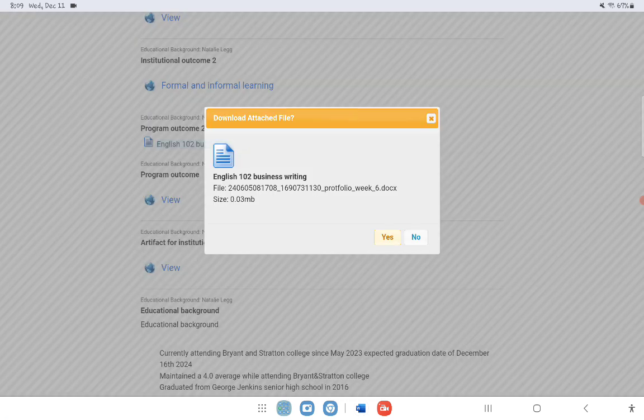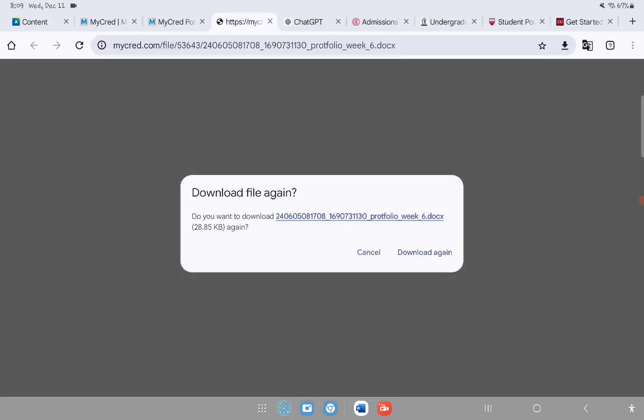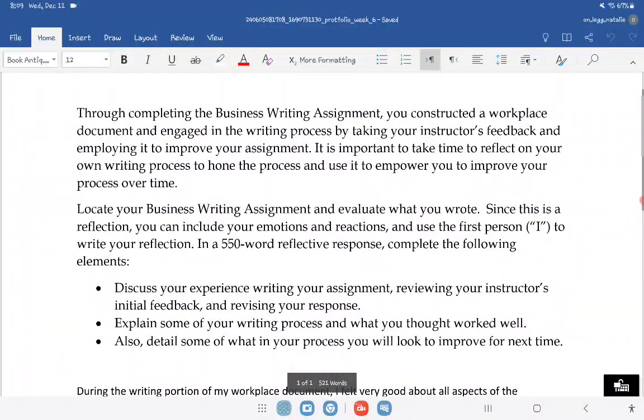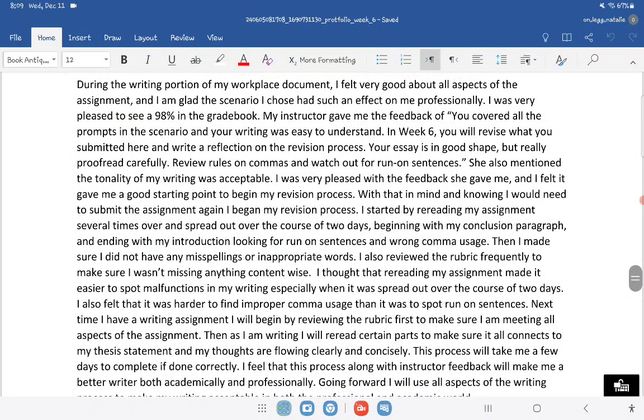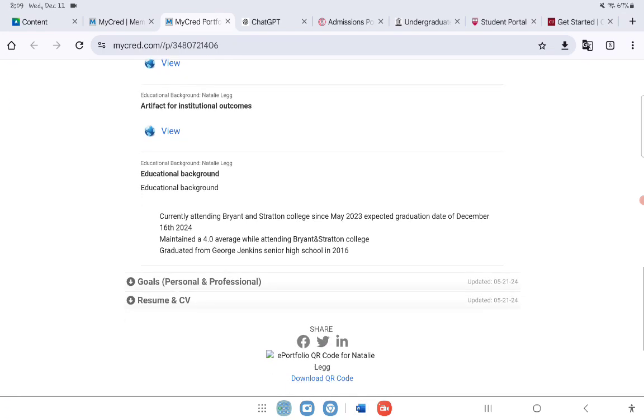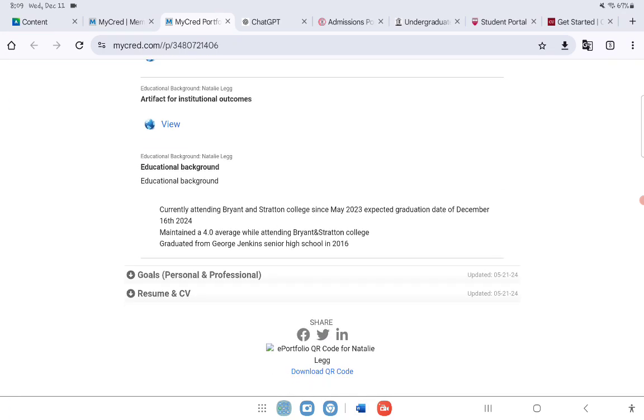This was an essay that I had written about how we felt during this assignment, which scenario we chose, and if it had an effect on us. This portfolio project meets the institutional outcome by having us use outside sources and things like that.